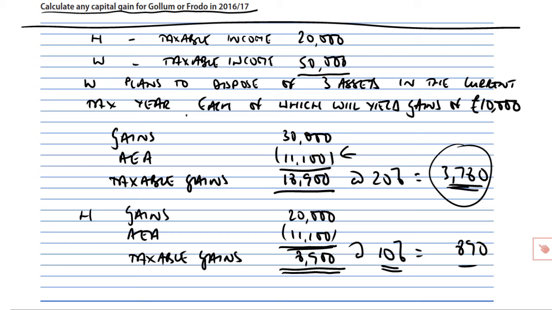Now, the beauty here, therefore, about CGT and planning. Unlike with income, where you have income for the year and you cannot control it, you can't say to a company that pays you dividends, look, don't pay me any dividends this year, pay them all to me next year, or vice versa. You can't say to the bank or the building society where you have a deposit, pay me twice the amount of interest this year and nothing next year.